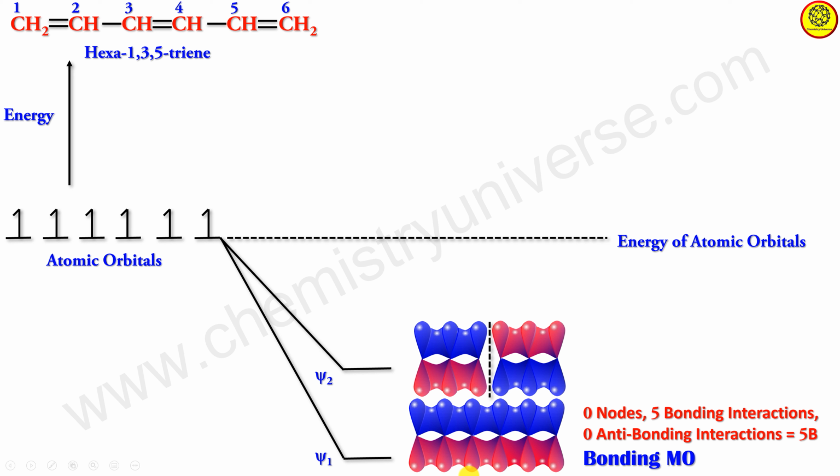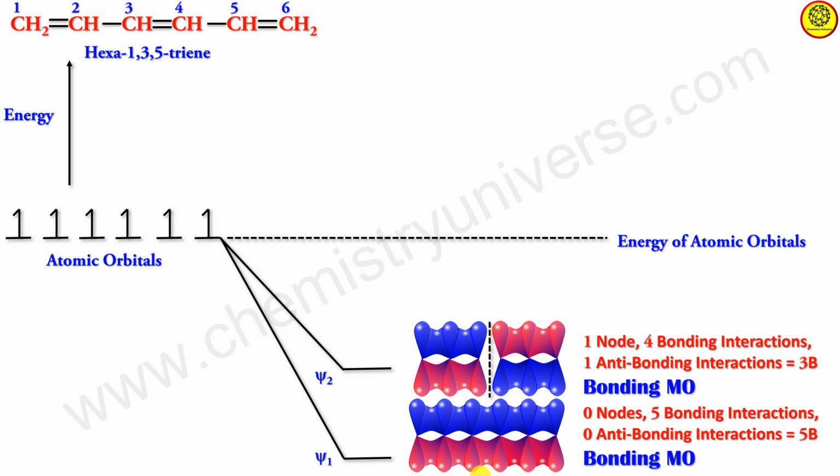And so how many bonding do you find? 1, 2, 3, 4. Remember, even these are bonding because red and blue are just the signs. So bonding 1, bonding 2, bonding 3, bonding 4. 4 bonding, and here you find an anti-bonding and 1 node. So 1 node, 4 bonding, 1 anti-bonding, and the net is 3 bonding, which is why it's called a bonding MO.